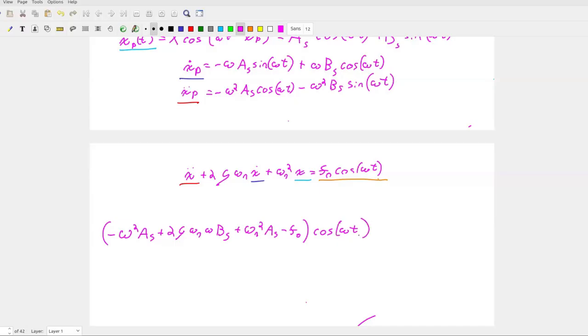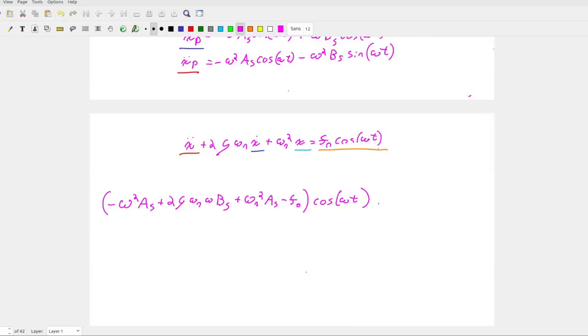And that's why they are all put together, plus all of the terms that were multiplied by a sine of omega t, which gives us negative omega squared BS minus 2 zeta omega n omega AS plus omega n squared BS, all of that multiplied by sine of omega t, and all of that equals 0.